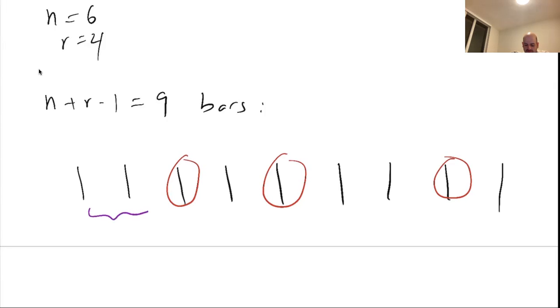My first selected bar, which I circled with red, is this one, and there are 2 bars before that, so x1 is 2. x2 is the number of bars between the first and second selected bar, and there's only 1 bar, so x2 is 1. Between second and third, there are 2, so x3 equals 2. And after the third bar, I have only 1 bar, so x4 is 1.